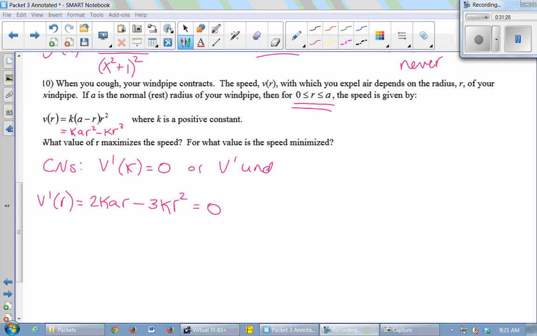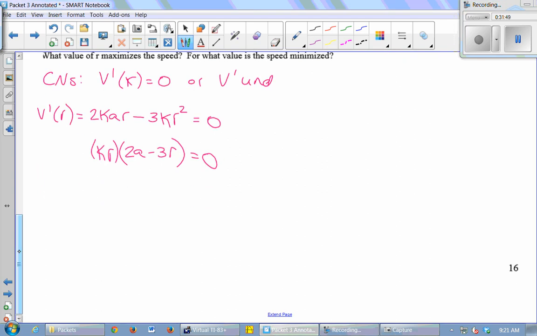So I could factor out kr actually, and I'd be left with 2a minus 3r. So once I've factored out kr, now this is the product of 2 things. The answer is 0, so I can set each factor to 0 and solve each one.